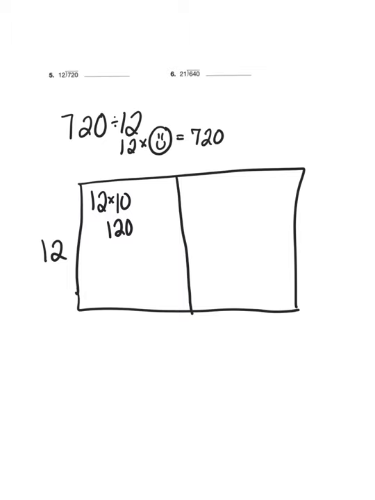Okay? Now, if we give each friend $10, now we've shared $120, but how much do we have left to share? We need to subtract. We have $600 left to share. So now we can multiply 12 times 5.